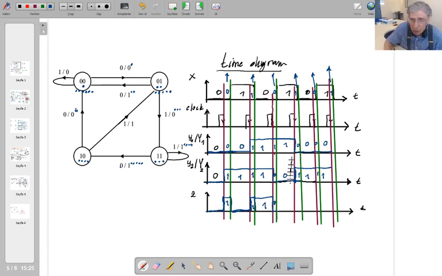Now if you look at this one now, my present state is 1, 0. We are applying 1. 1, 0 state, you're applying 1. So that's going to be my output. 7th output 1. In this time interval, 1, 0, 1, this time interval is not. So that's going to be 1 here.